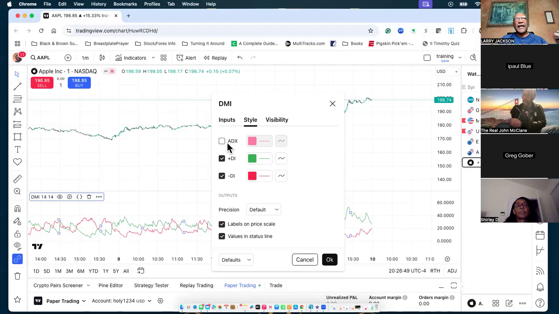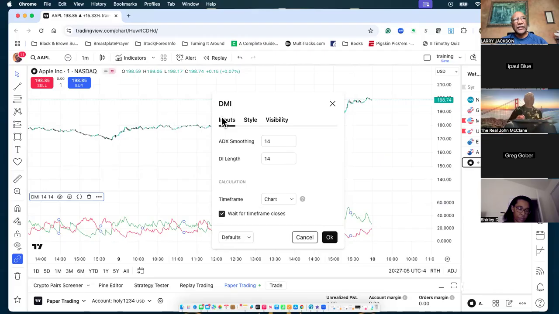I usually take that off. I don't need it. I just want the plus and minus. Naturally, plus is green, minus is red. And I usually keep it at default, which is 14 and 14.